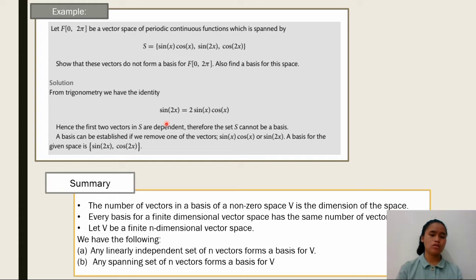Sin 2x equals 2 sin x cos x. Hence, the first two vectors in S are dependent. Therefore, the set S cannot be a basis.